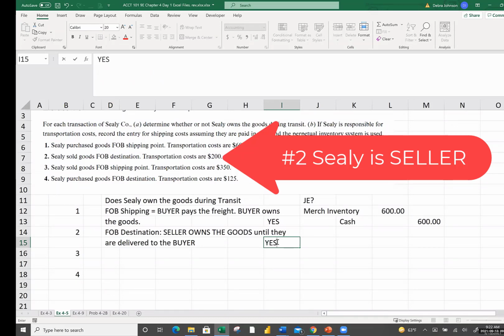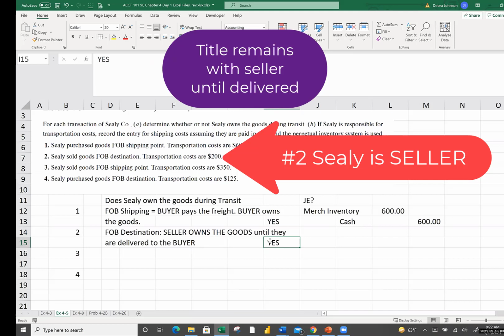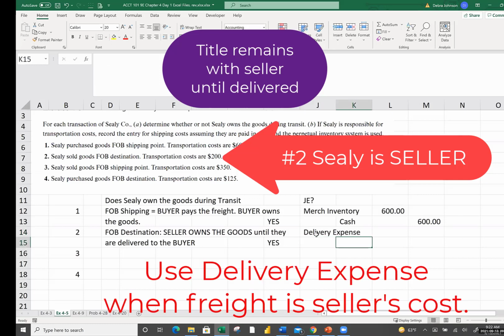The answer is yes. They are the seller and the title remains with them until it's delivered. Remember, when you're the seller, you don't use merchandise inventory for the freight. You use that expense account, delivery expense. 200. Okay, let me stop, because this can get a little bit more complicated for both this chapter and the next one.